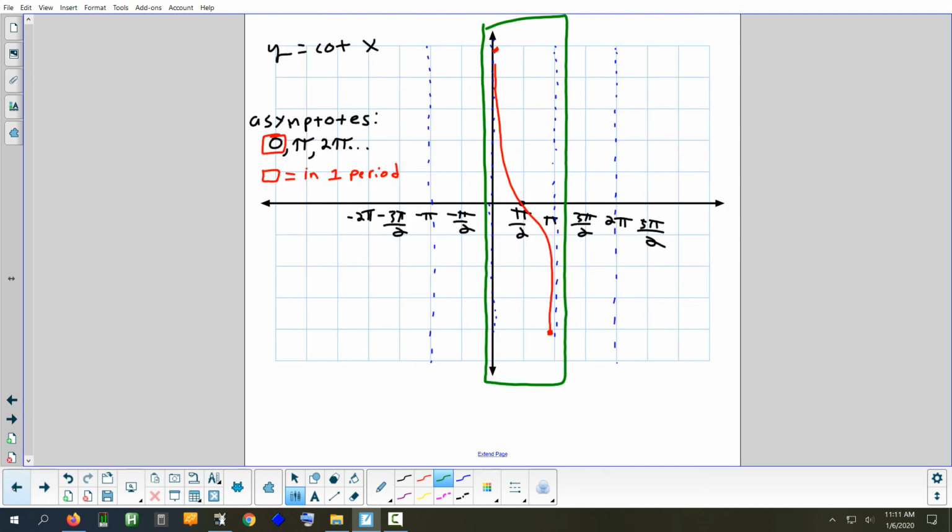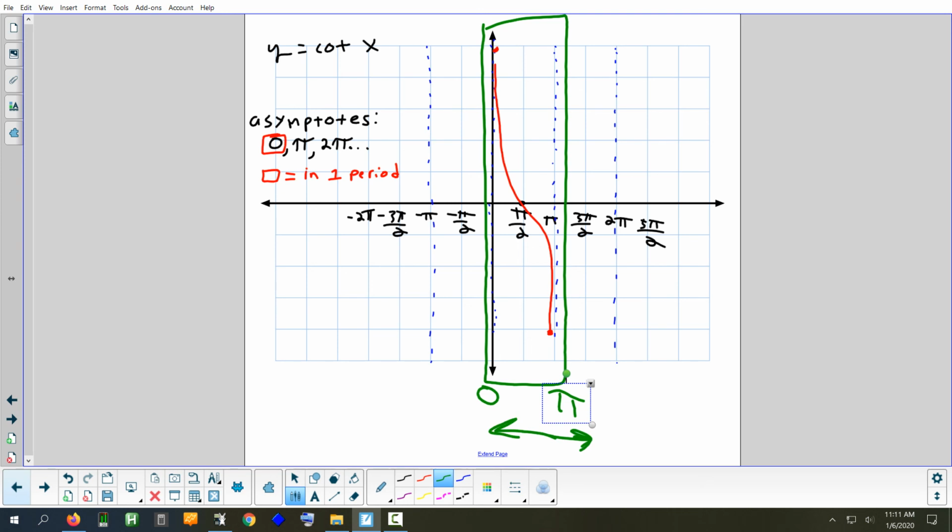Look at this cycle for a second. It starts at 0. It ends at pi. So the length of that cycle is from 0 to pi. So from here to here, that's 3.14 units.